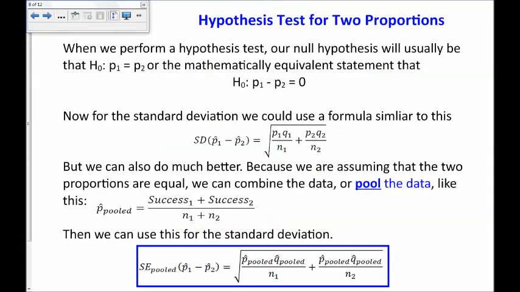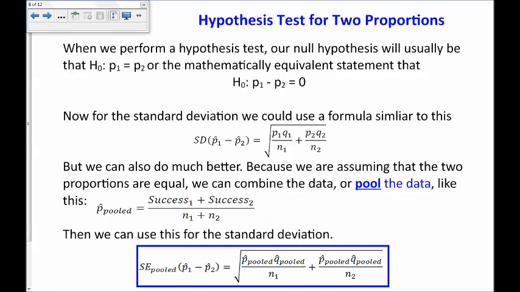The next topic is hypothesis tests for two proportions. Before we get into actually doing a hypothesis test, there's a couple of ideas that I need to explain first. The first is pooling the data, what it means to pool your data. When we perform a hypothesis test, we will almost always have our null hypothesis be that the two proportions are equal.